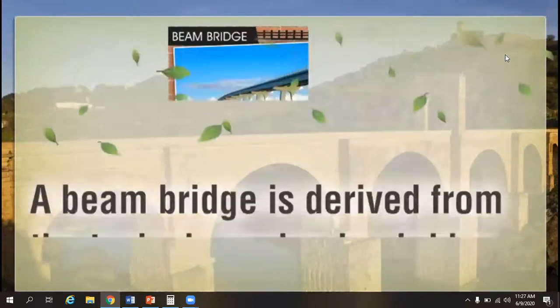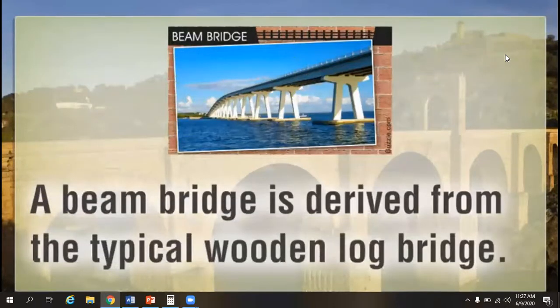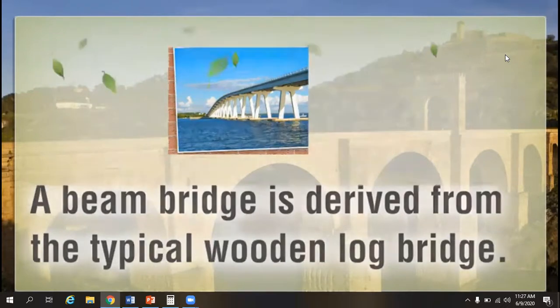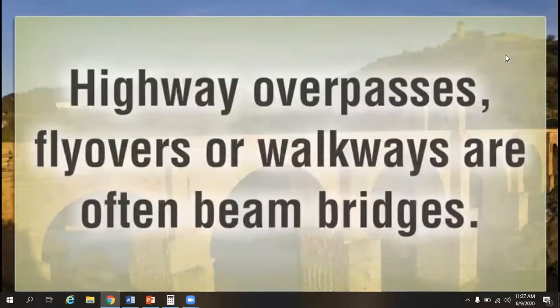A beam bridge is derived from the typical wooden log bridge. Today, it is built using shallow steel beams, box girders and concrete. A horizontal beam supported at its ends is roughly how the structure of this bridge is. Highway overpasses, flyovers or walkways are often beam bridges.